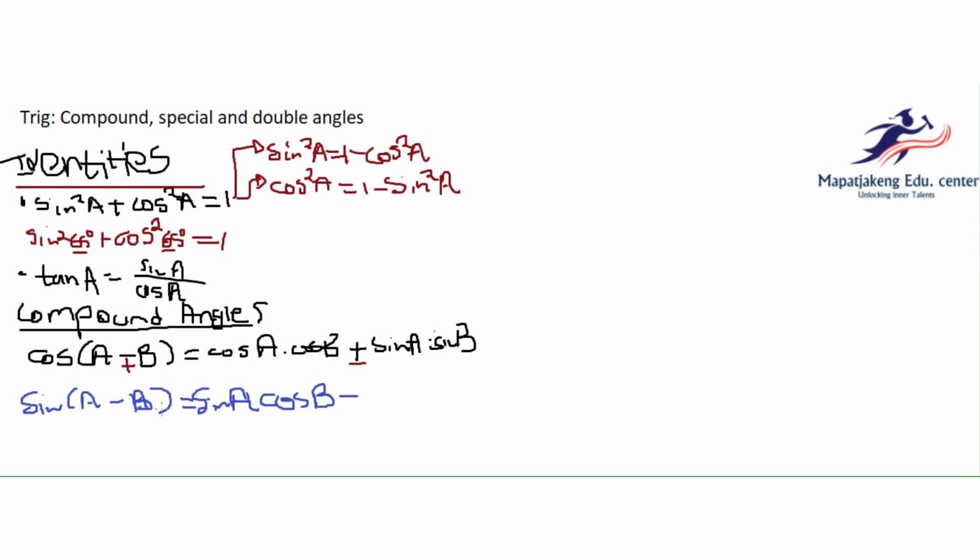Minus minus, it changes with cos. And since you started with sine, on the other side you start with cos, so it's going to be cos A times sine B. So you just need to figure out a way to cram all this. If it's plus, then even here it becomes plus. The sign doesn't change with sine, it only changes with cos.